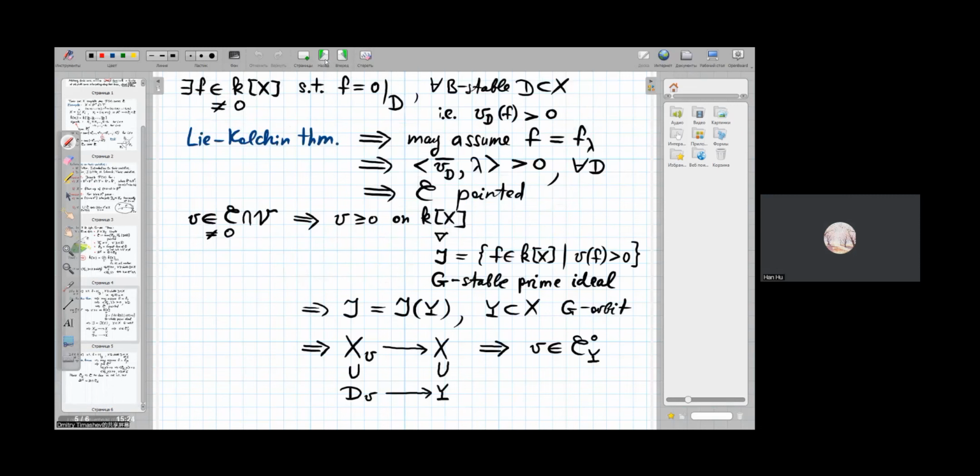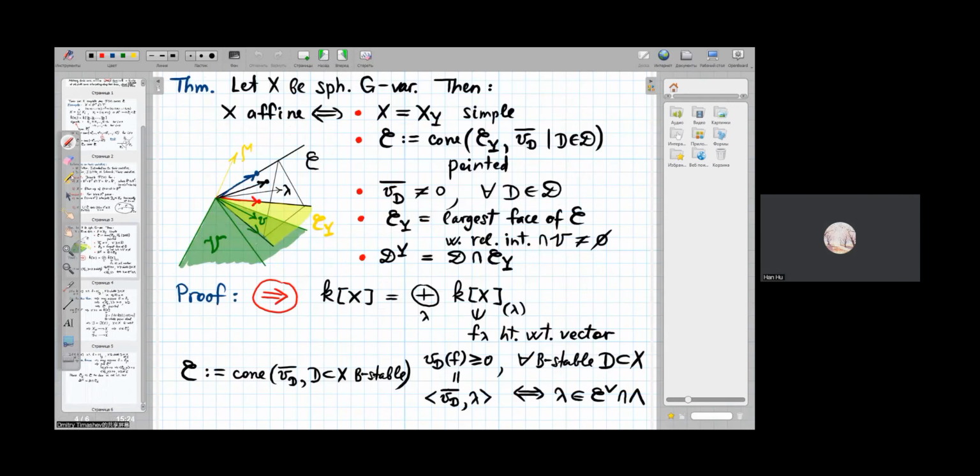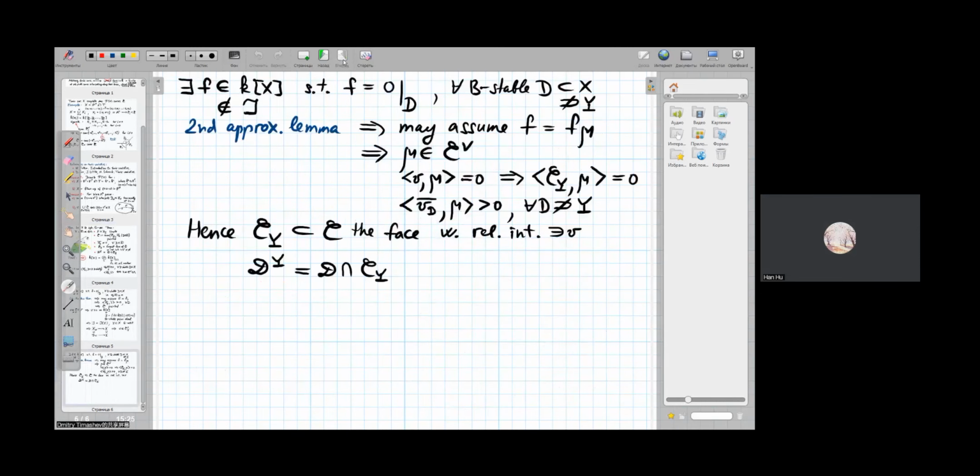So we have proved this condition, and we have proved that for any orbit in Y, this will be the face of C whose relative interior intersects with V, not for a closed orbit, but for any orbit. And for the closed orbit, I claim that this will be the largest face. First, I have to explain why such a largest face exists. This is easy.